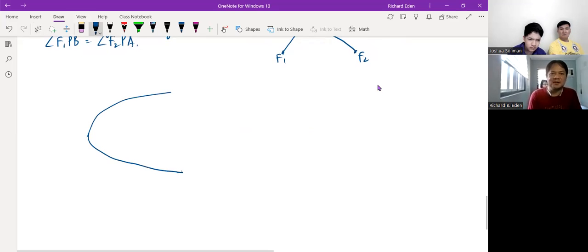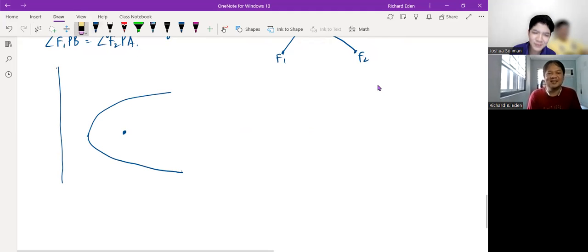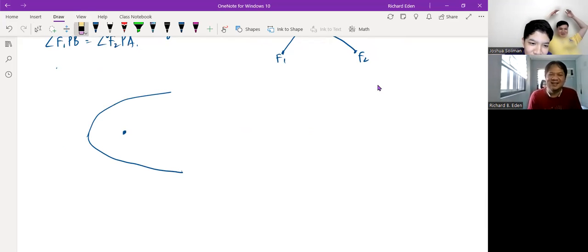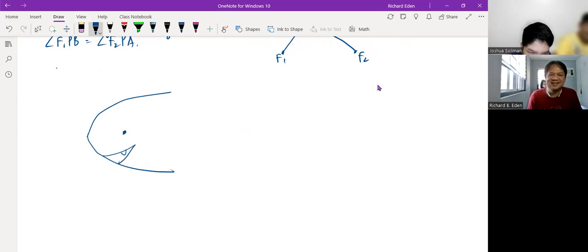Okay. I'm afraid this is not going to be a good drawing. But it goes like this. It looks like a porpoise. Draw the line, the x-axis, at the mouth of the porpoise so that it really looks like a porpoise. No! Yay!